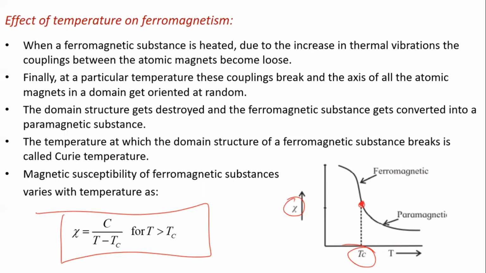As we increase the temperature, susceptibility decreases, and at one particular temperature it is converted into paramagnetic, and that temperature we call the Curie temperature. Now here it is a paramagnetic substance.